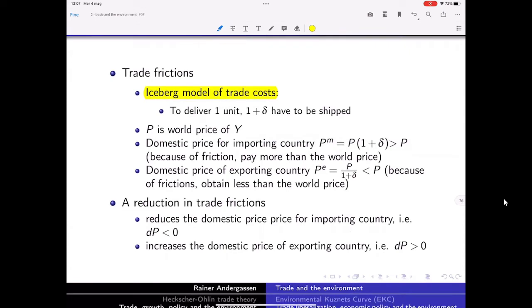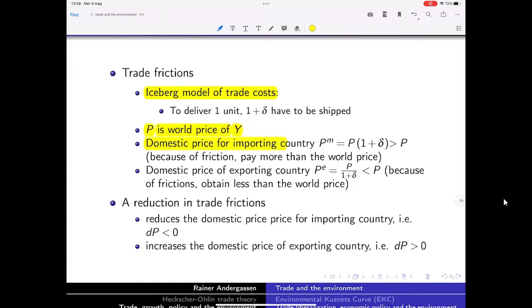Now, P is the world price, and therefore you have both a domestic price for the importing country and a domestic price for the exporting country.